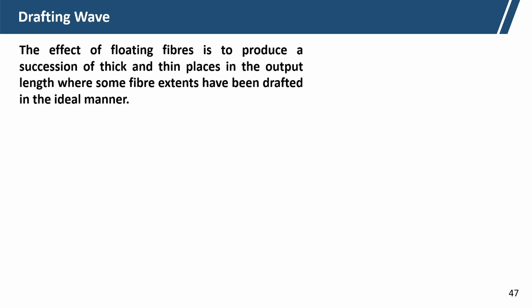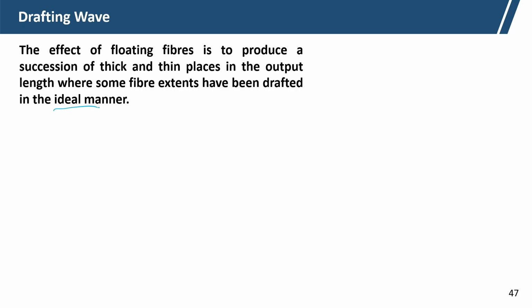The effect of floating fibers is to produce successive thick and thin places in the output sliver or output product, where some fibers have been drafted in an ideal manner.